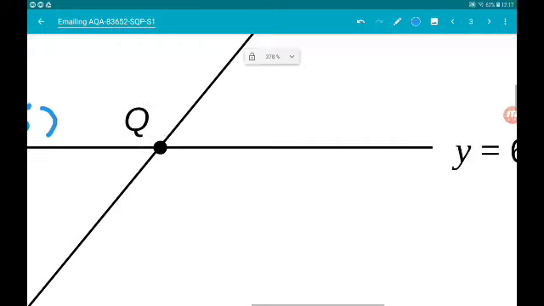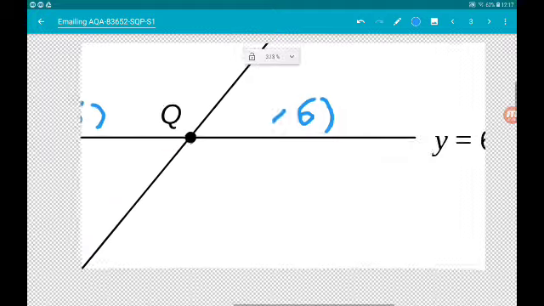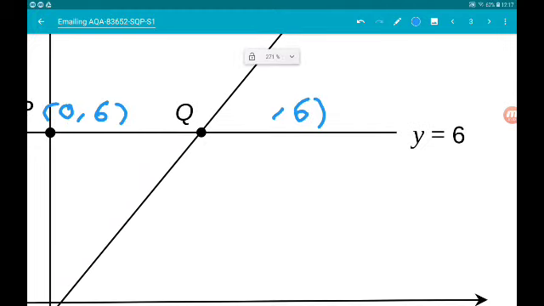Now Q is going to have the same y coordinate. How do we find the x coordinate? Well, these equations are simultaneous at points where they meet. So at this point, the x and y coordinates are equal for y equals 2x and y equals 6.